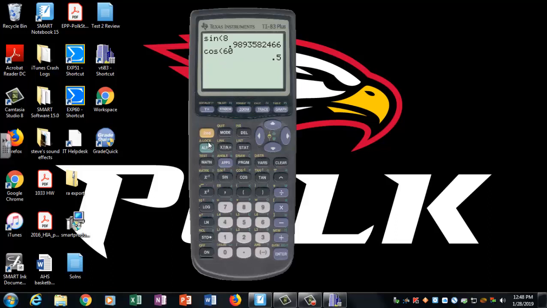So what I need to figure out is sine of what angle gives me 3/5. And the way you do that is you do arc sine 3/5. That's inverse sine, and that will give me the angle directly.